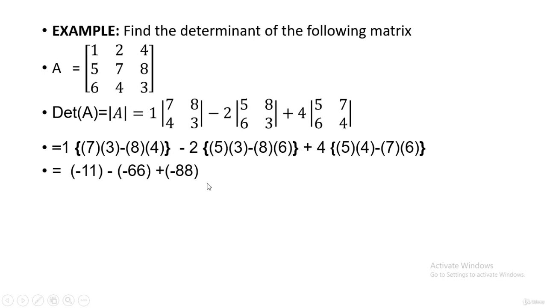Plus, multiplied, subtracted, multiplied with 4, and the result I got is minus 88. So now, this minus 11, minus into minus is plus, plus minus 88. The answer you got is minus 33.